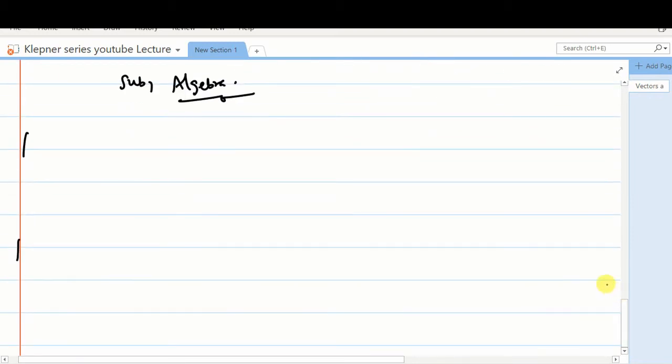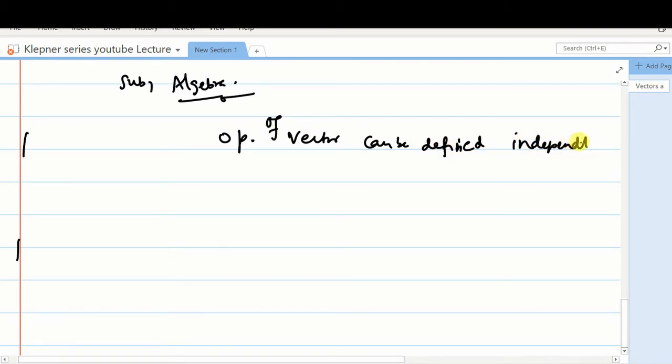To understand vectors, or to do some operations on vectors, you don't need to define any coordinates. A vector can be defined, or some operations of vectors can be defined, independent of the coordinate system.